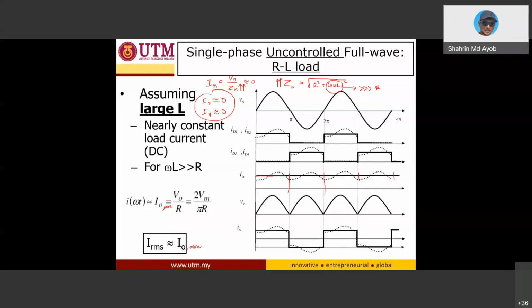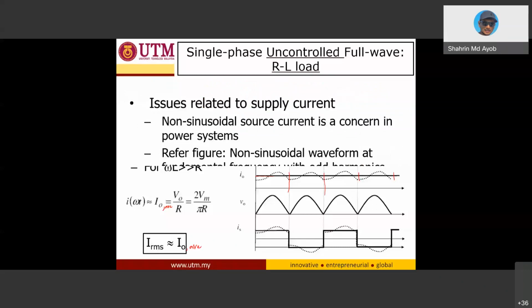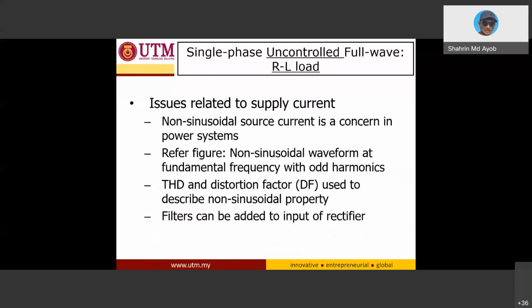So issues related to the supply currents, as I mentioned before, concern power quality. With a non-sinusoidal waveform, there are issues such as the power factor and the harmonic content of the voltage or current, and we use THD, total harmonic distortion, which is in percent.